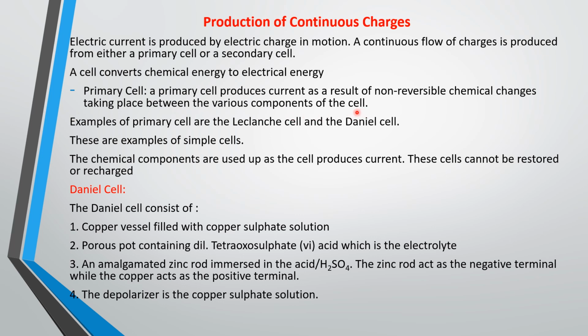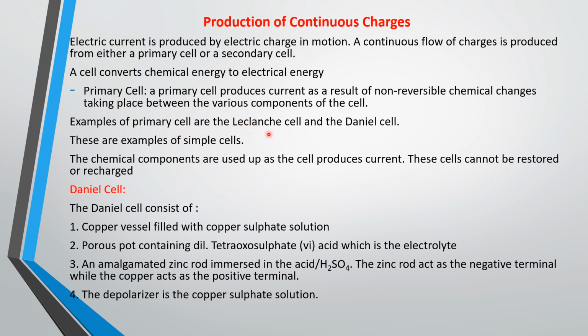That is exactly what I've just said: in a primary cell, the chemical components of the cell give you electrical energy, gradually they are used up, and as they are being used up, that process is not reversible in a primary cell.